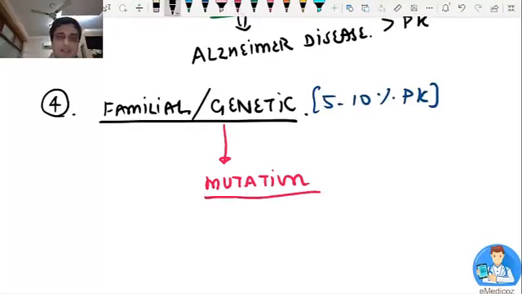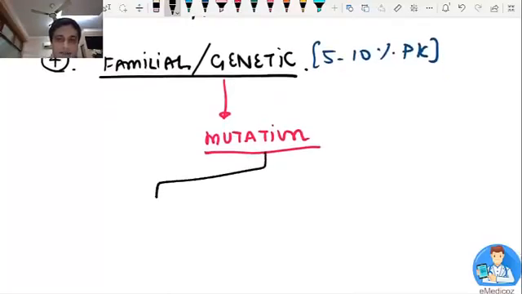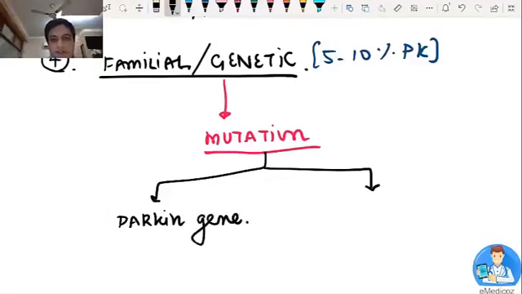One mutation is known as the Parkin gene mutation. Second is the LRRK2 gene mutation. Now, any mutation on a gene has to have a carrier with it, that is a chromosome.